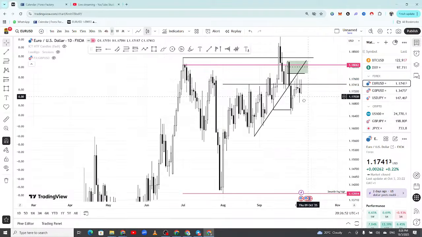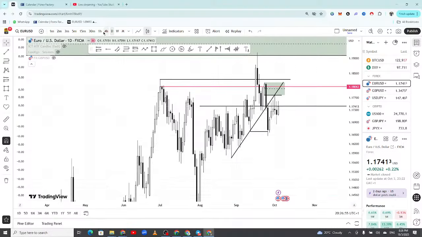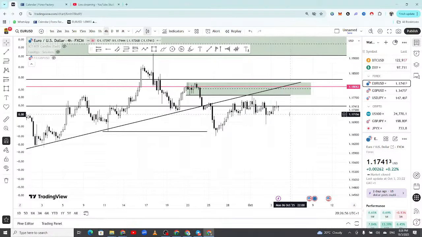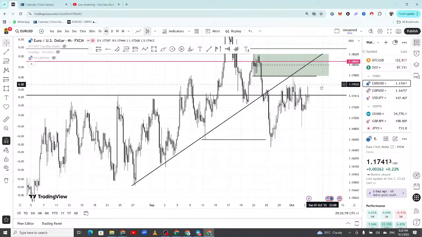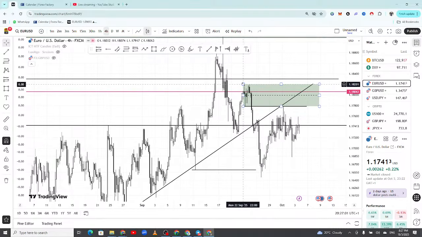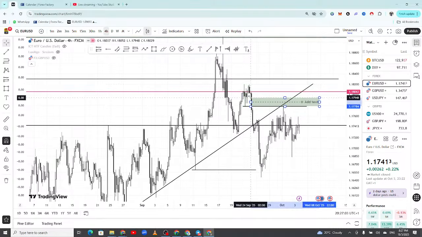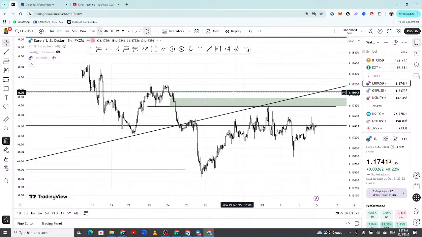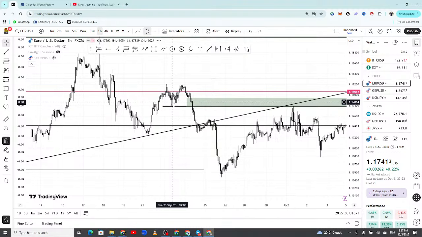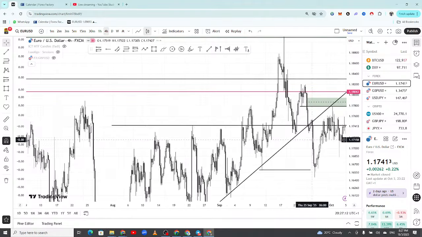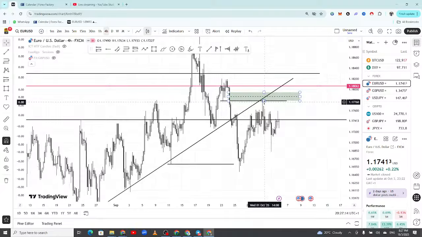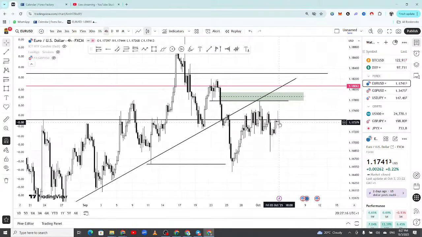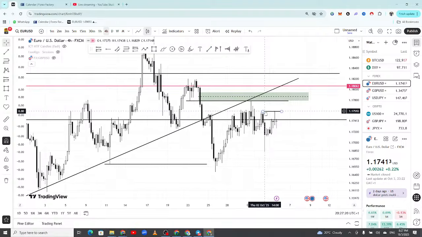So I have a sell already on this particular Euro USD. I have a sell directly. I took the sell based on this fair value gap, and there was also a breakout block around that zone. I think it was on the 15 minute, I guess. So we had a sell right here, and then last week, was it Friday, we took another sell somewhere here, but I think price ripped us out.